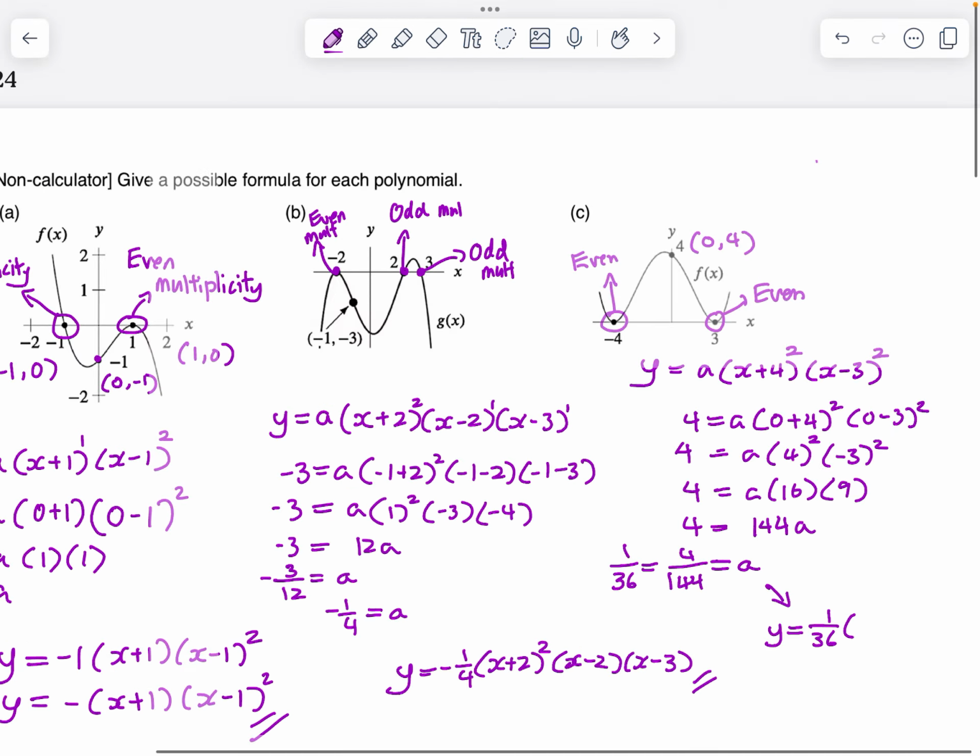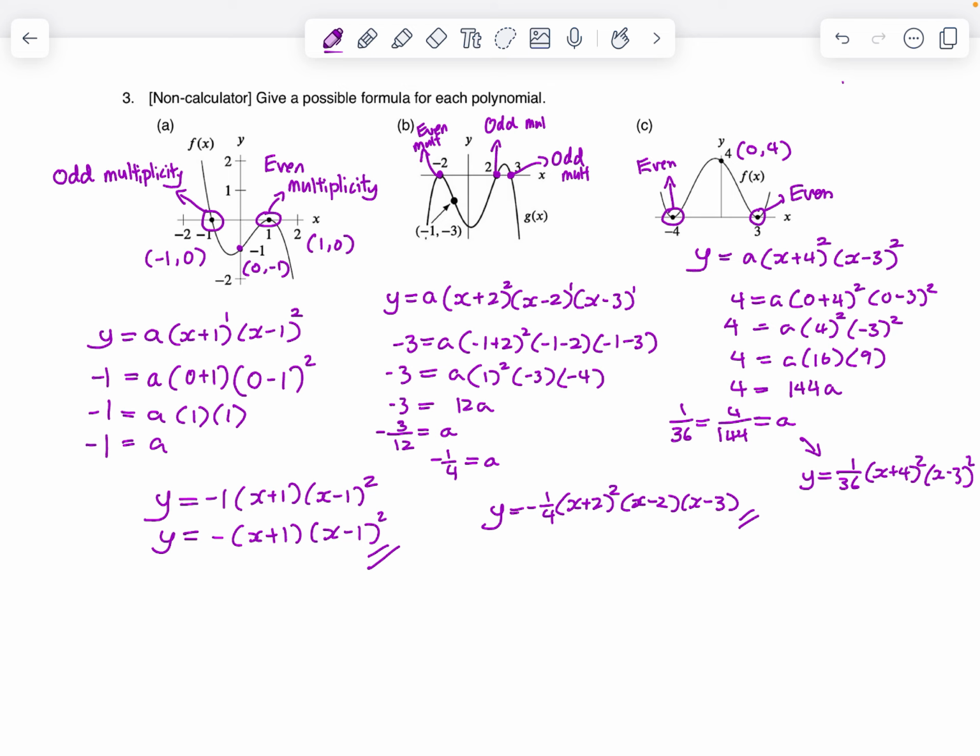That's the video on polynomials. I hope you enjoyed it. Some final key takeaways are, when you find formulas for a polynomial based on the graph, you want to see whether it crosses the x-axis or not. If it crosses the x-axis, it is an odd multiplicity.